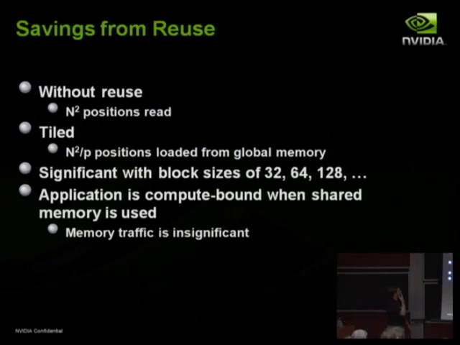What you get by using the shared memory and reusing data, if you don't do that, you have to read n squared positions for every step. When you tile it, you only read n squared over p. And so the bandwidth to memory is divided by one of these nice numbers. They're not horribly large numbers, but they sure do reduce the memory bandwidth. So this whole application, the memory system is just not doing much most of the time.